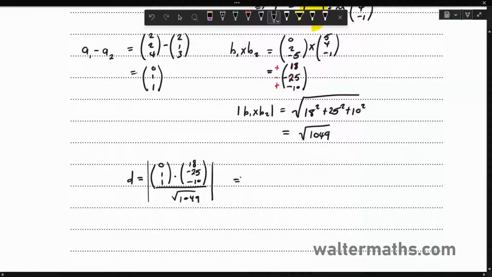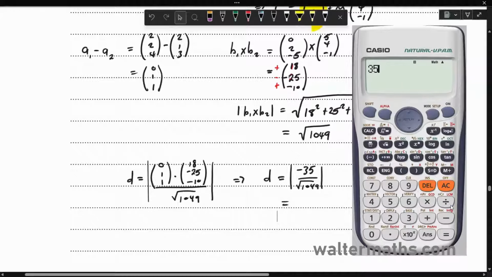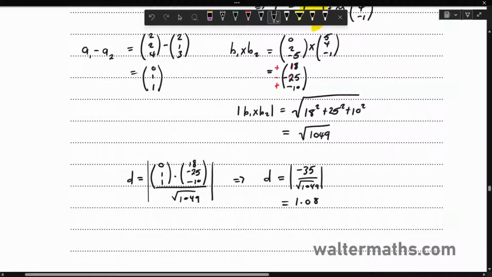And this will give us d being equal to, here we get -25 - 10, that's -35, over the square root of 1049, and this is going to give us 1.08. So 1.08 is the answer right here. And that's how we do it for this particular question.